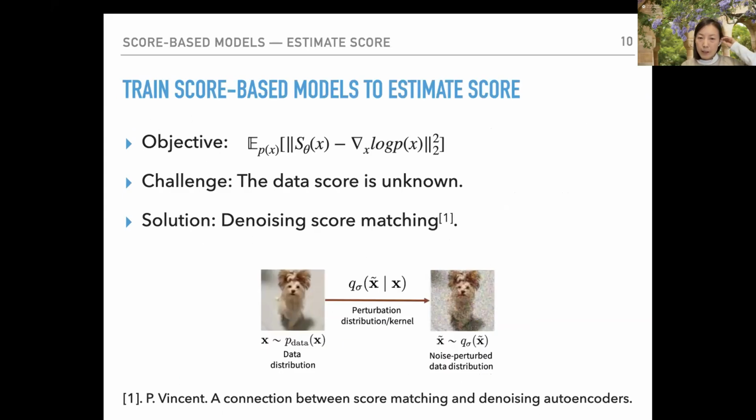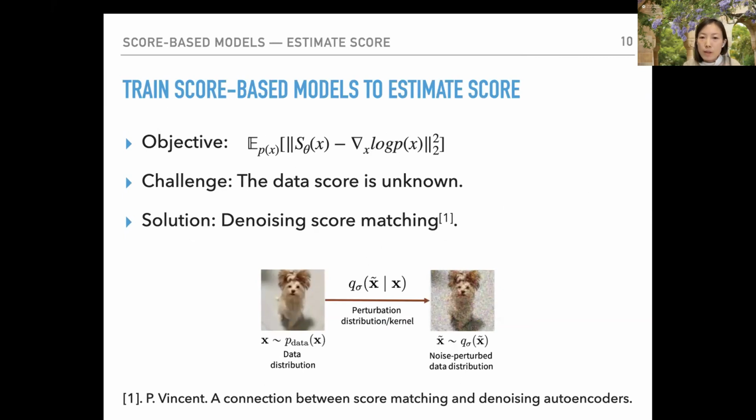So the objective is that we use a neural network to learn the score function. The challenge is that we don't know the exact true data distribution. So instead of learning the true distribution, we can learn the denoising score.